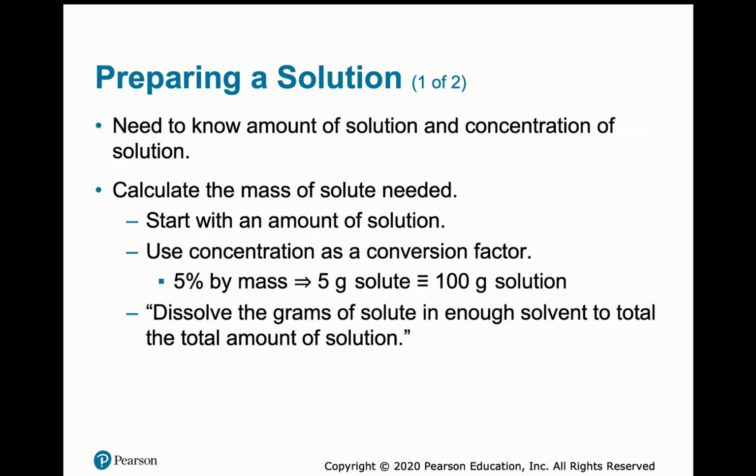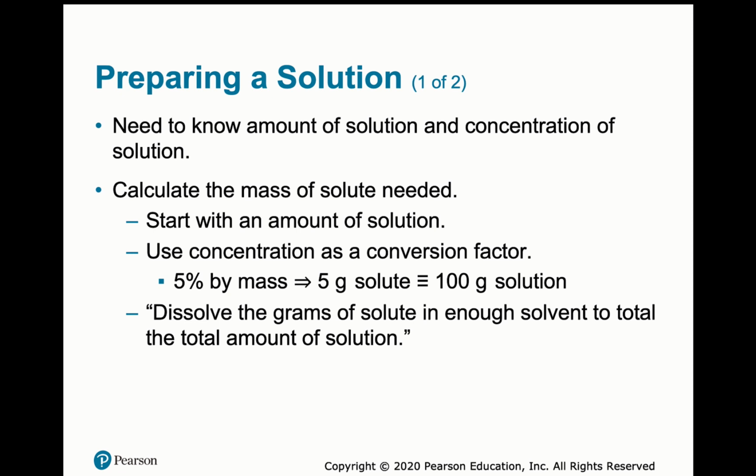Preparing a solution, there are some things you need to know. You need to calculate the mass of solute needed, and then start with the amount of solution, and then you can mix them. You can also use concentration as a conversion factor. So 5% by mass, you have 5 grams of solute, and then 100 grams of solution. It's easy using water because water's density is 1 gram per milliliter.